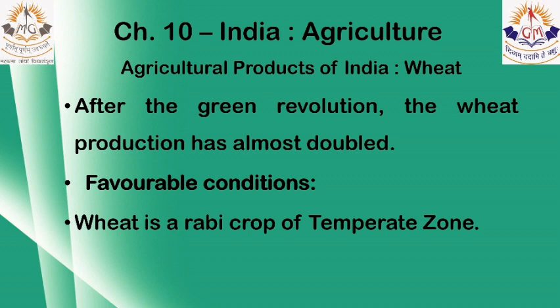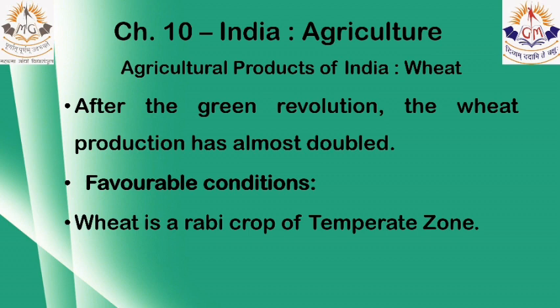That was limited to the wheat crop in the starting, then we did the same thing with the rice crop, that is paddy, also. That was termed the Green Revolution, where we produced enough to satisfy the demand of the population. That means we did not have to beg from outside. So after the Green Revolution, the wheat production has almost doubled.